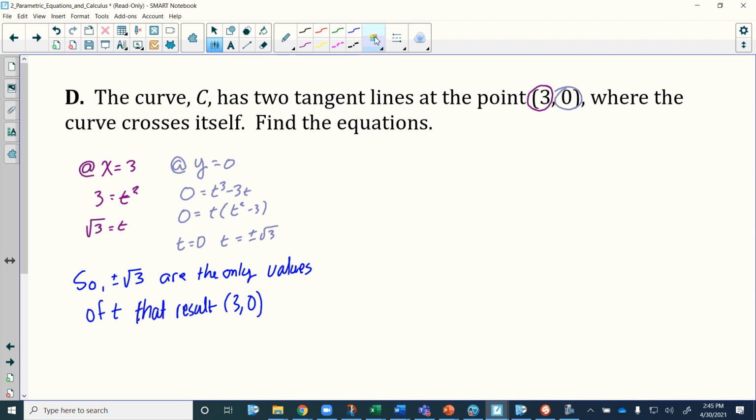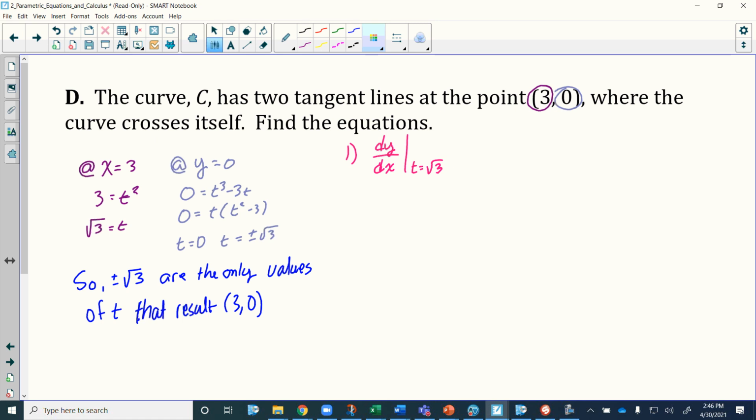So let's look at the first way that we could do this. Here, if I say dy dx, the derivative of y with respect to x, this is our first derivative that we were looking at earlier. If I'm doing this at t is equal to the square root of 3, we'll look at the positive square root here first. I'm going to take the first derivative that I had, which was 3t squared minus 3 over 2t.